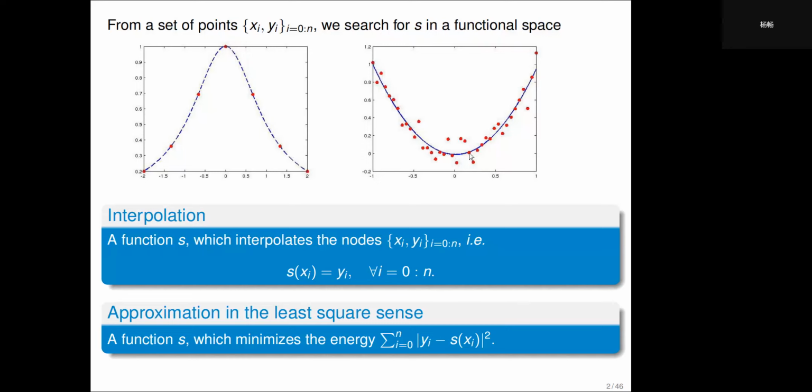This function is just like a very smooth curve, and the data is around this curve. The way we get this curve is called approximation in least square sense. Don't worry, I will give you all the details to find these two kinds of function later.